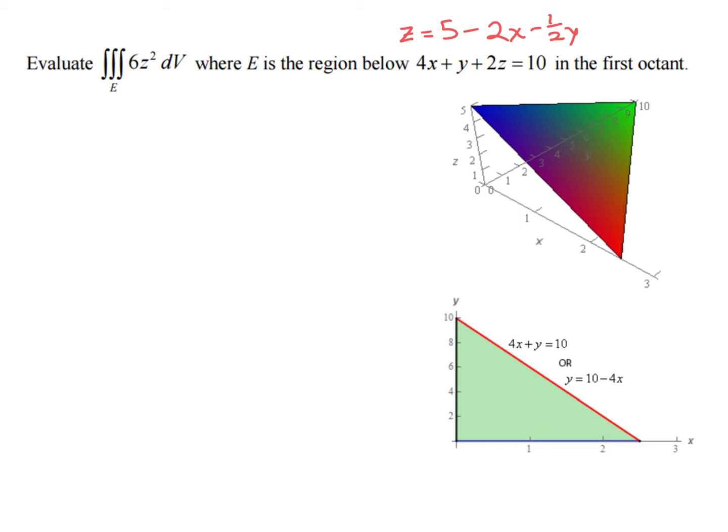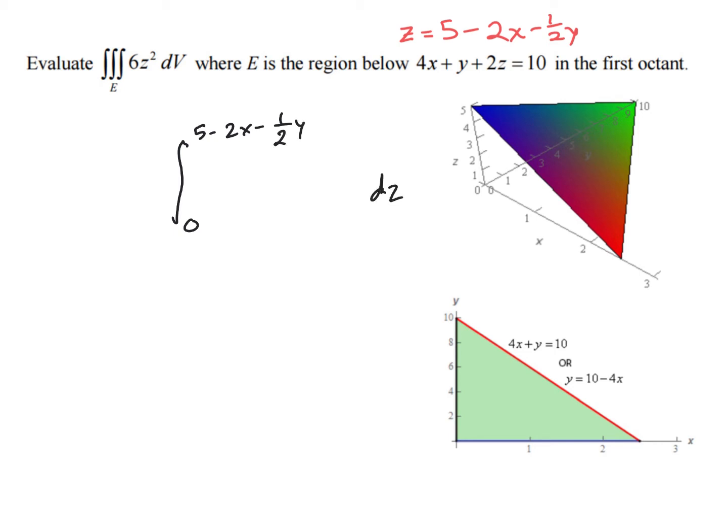Starting with z, let's work our way out. For z being in the first octant, we're going to go from 0 up to that thing I just found: 0 up to 5 minus 2x minus 1/2 y, dz.